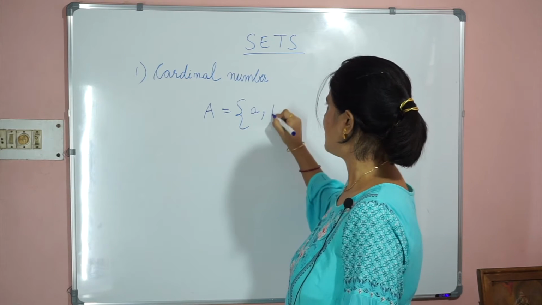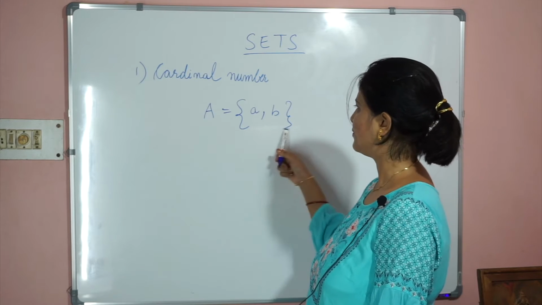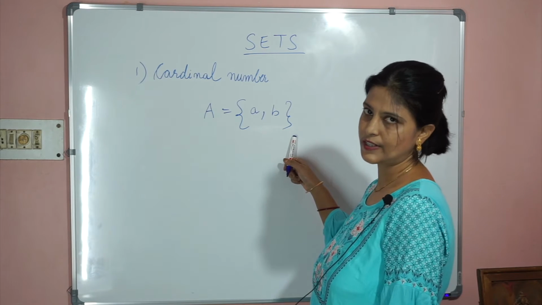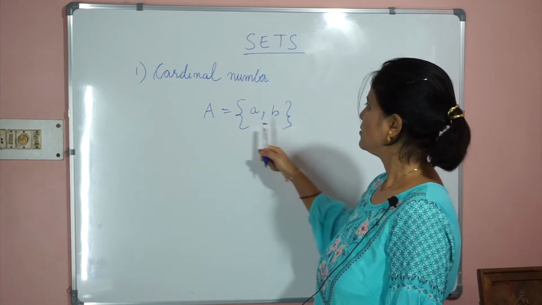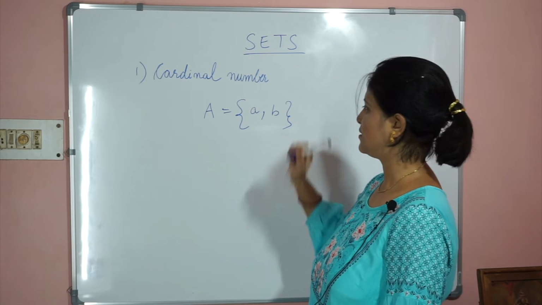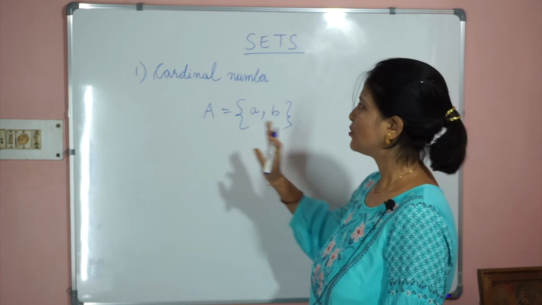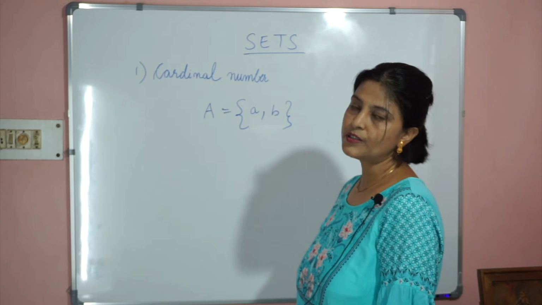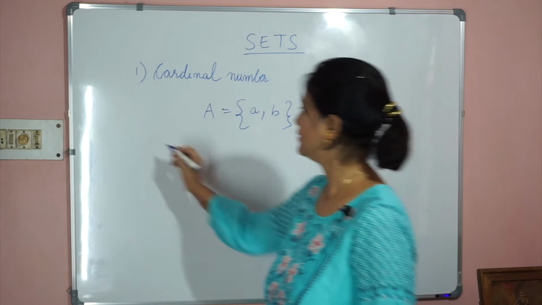So here I am writing down 2 elements in roster method, A comma B. How many elements have I written here? I have written 2 elements. So cardinal number denotes the number of elements in a set.